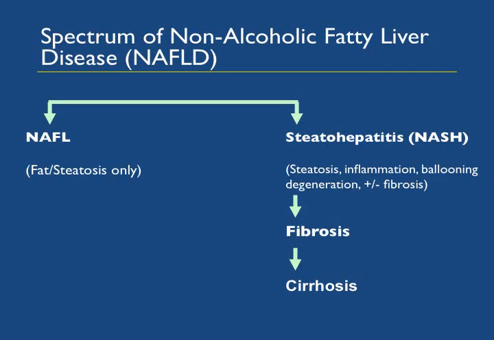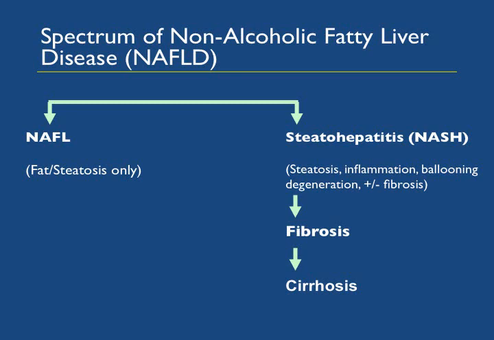This is a very important slide. When we think about NAFLD or non-alcoholic fatty liver disease, we should think about in 2 broad spectrums. On the left side is what we define as NAFLD, or non-alcoholic fatty liver. And these are patients who just have fat or steatosis in the liver with not much inflammatory activity.